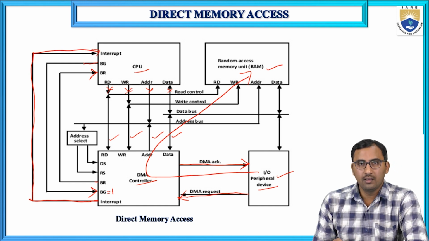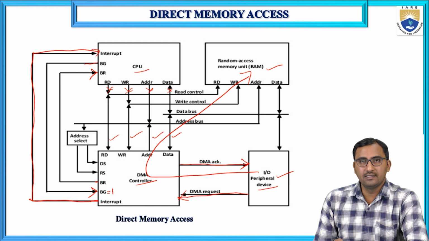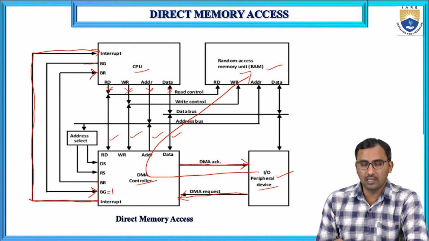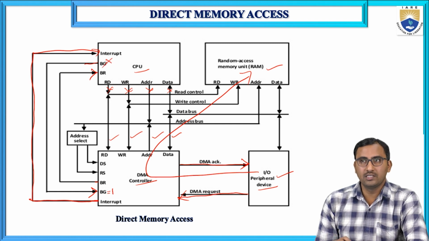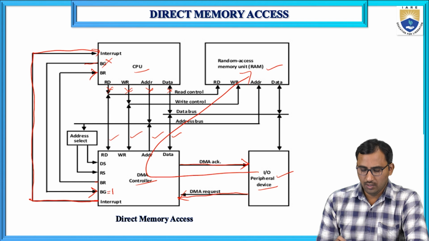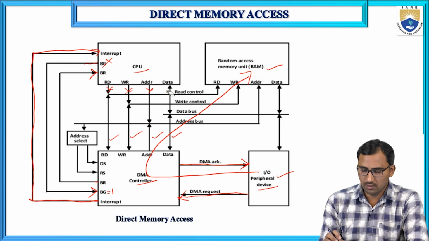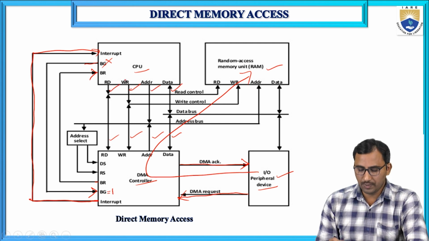Whenever the interrupt signal is received by the CPU, it disables the bus grant signal. Disabling bus grant means the CPU takes over control of the data bus, address bus, write and read signals.